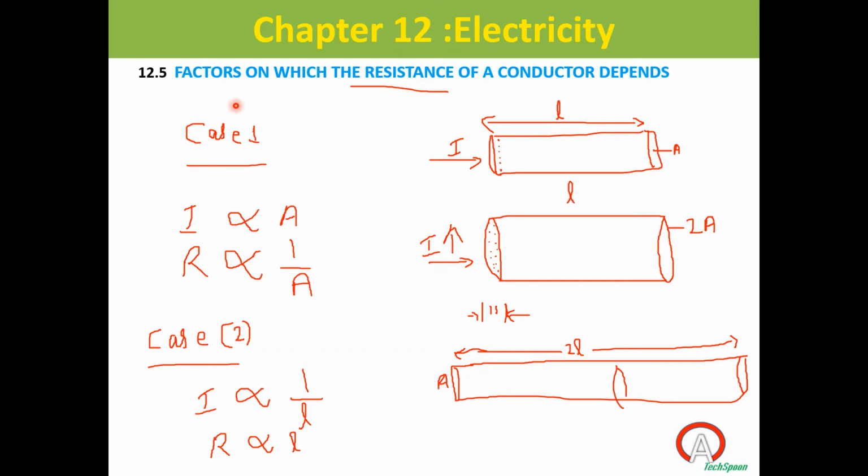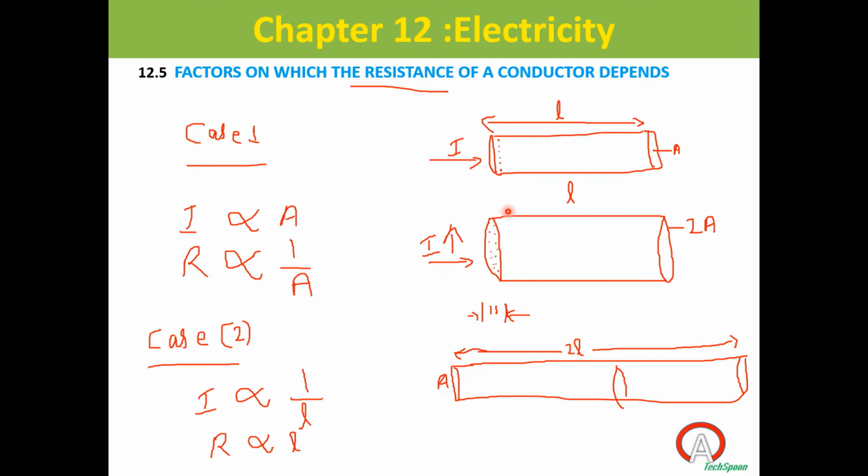Okay. So you see, how do we find out? First, we need to find out how the current varies according to the area of cross section. Then how the current varies according to the length. After finding out the current variation, we can come to the resistance. It's very easy to find the resistance if we know current, just opposite to the behavior of current.